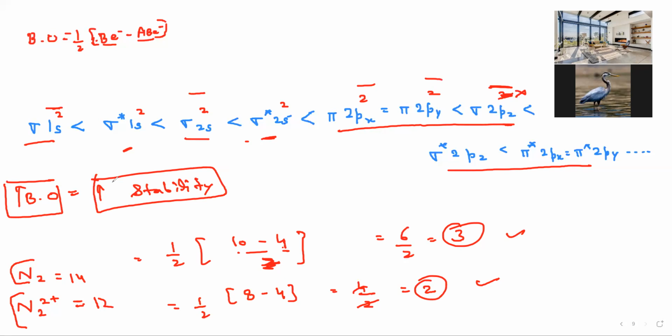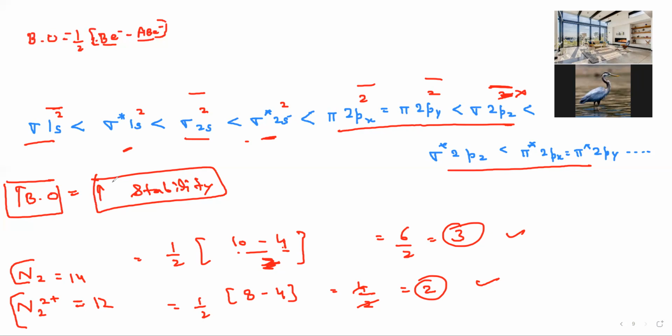No, I told you less energy is stable. That was a different thing. If your bond order is higher, then your stability is also higher. I told you about the energy: if you have less energy, then you are stable. That is a different thing. Now I am saying another thing: if bond order is higher, then stability is also higher.